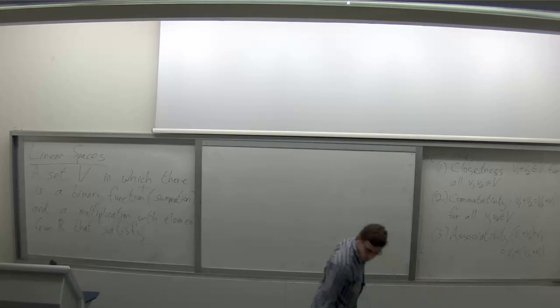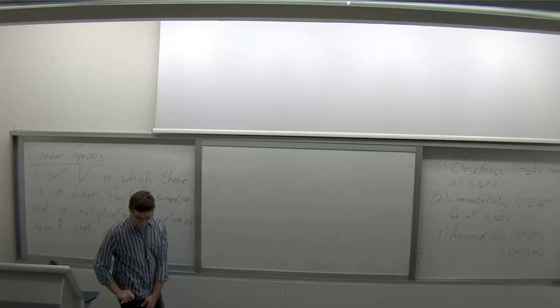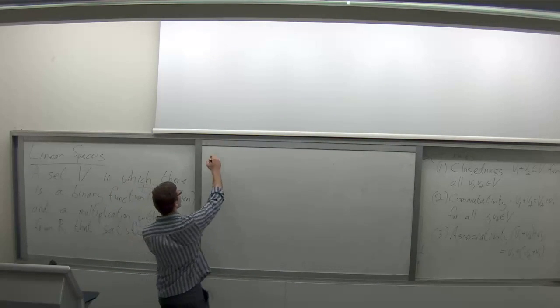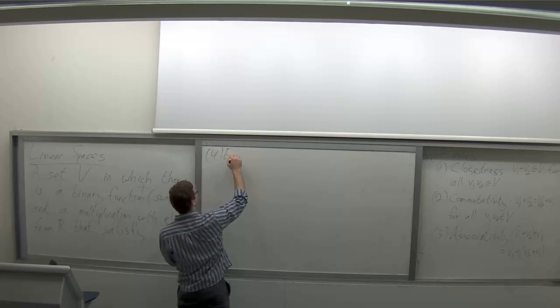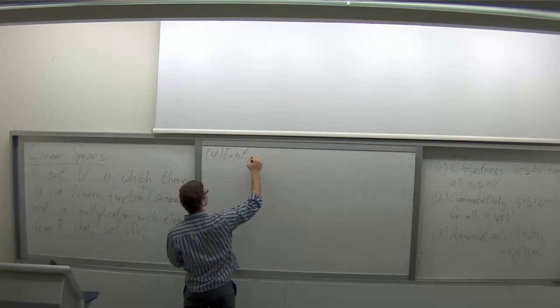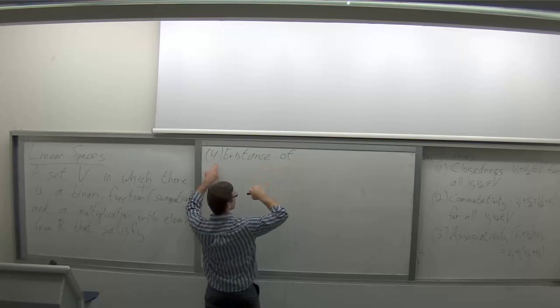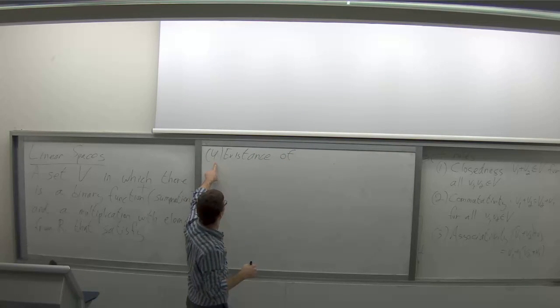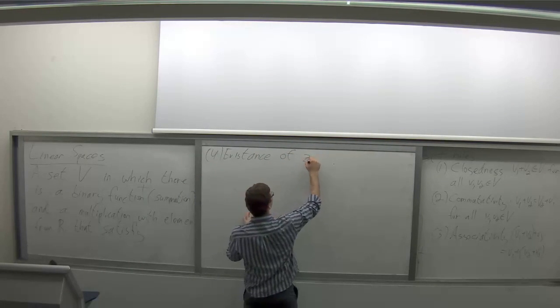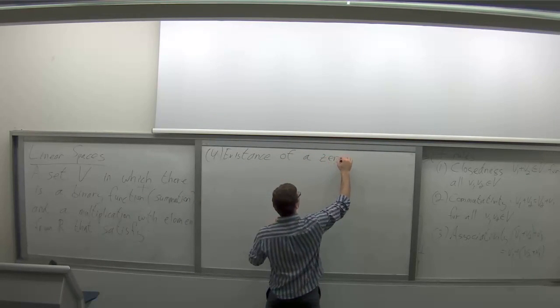Okay, the fourth rule is the existence of zero element. This is not part of the plus rule? Yes, it's number 4 of the plus rule. Existence of zero element.